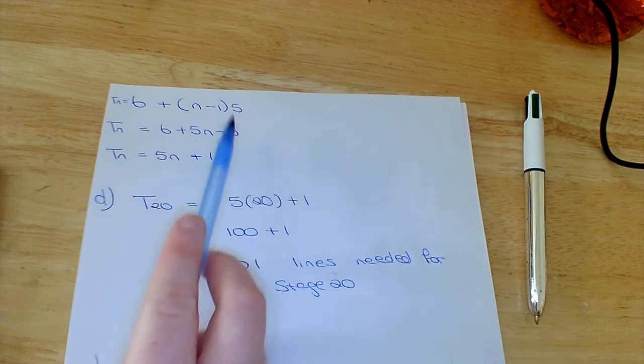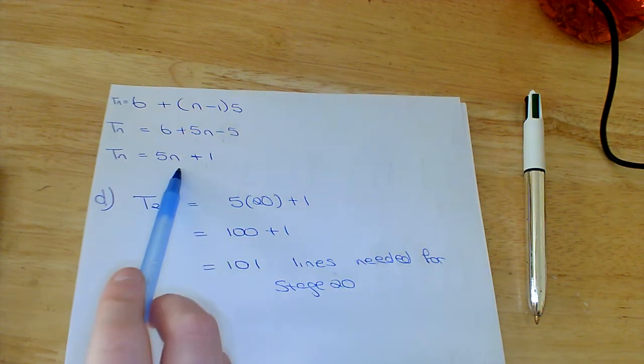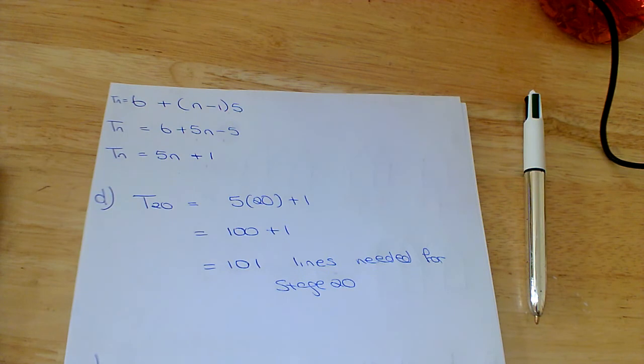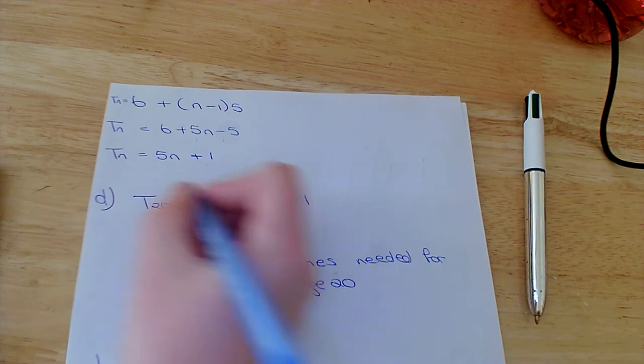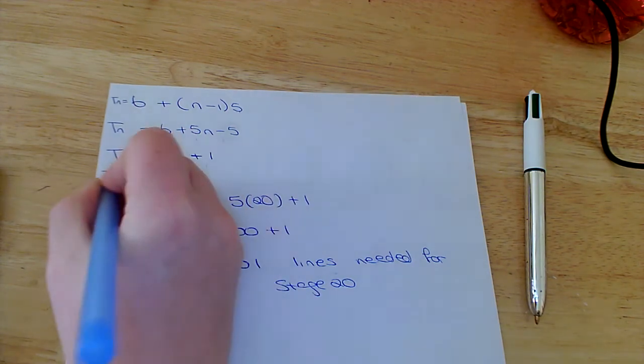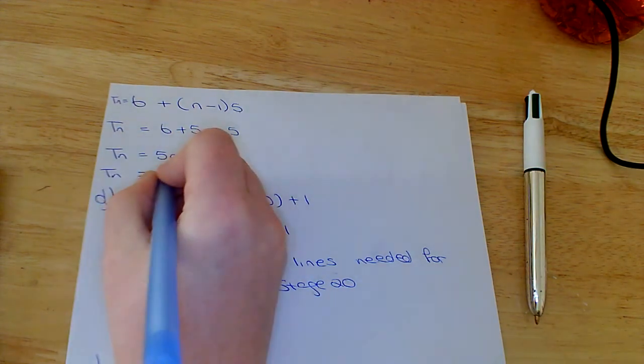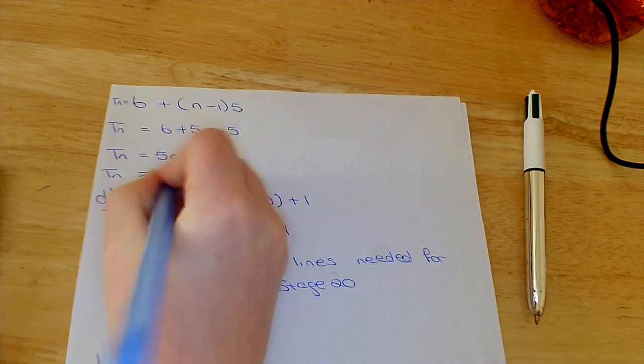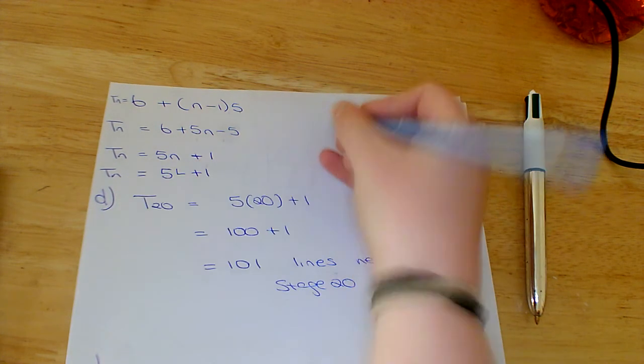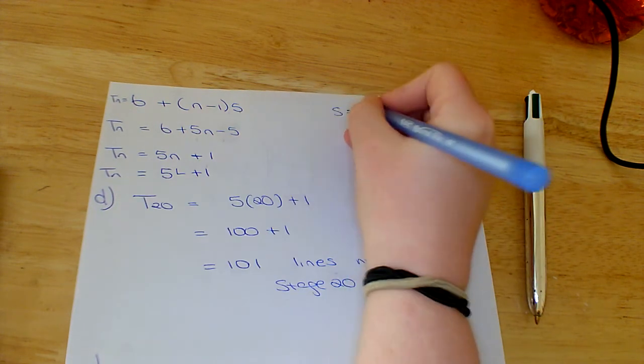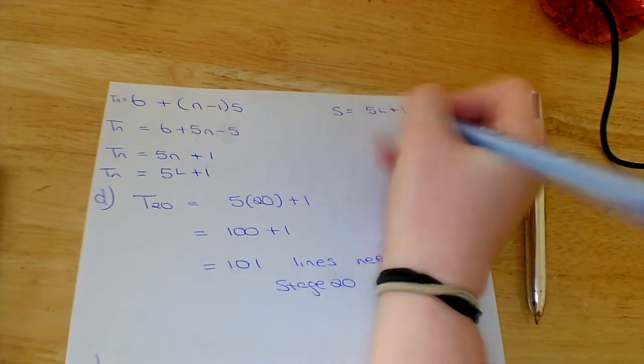So 6 take away 5 will give me 1, so I'll have 5n plus 1. We are told in this particular example that L is the number of lines that are needed. So I could say that this is T of n is equal to 5L plus 1. Or I could say that S is equal to 5L plus 1.